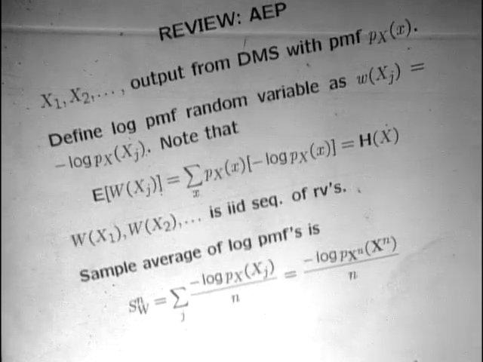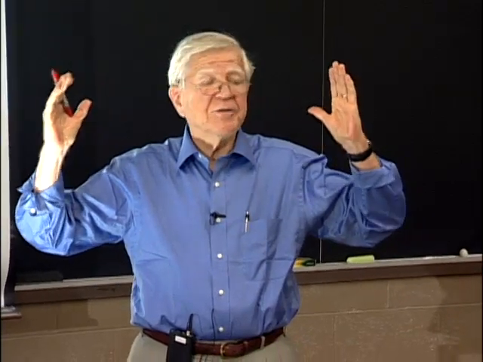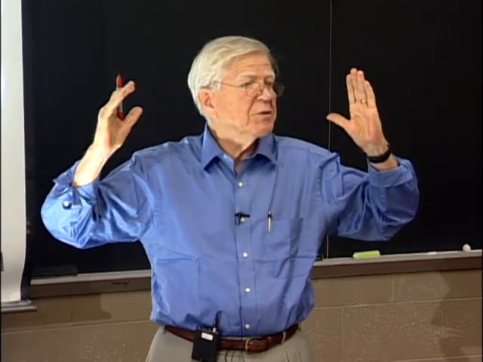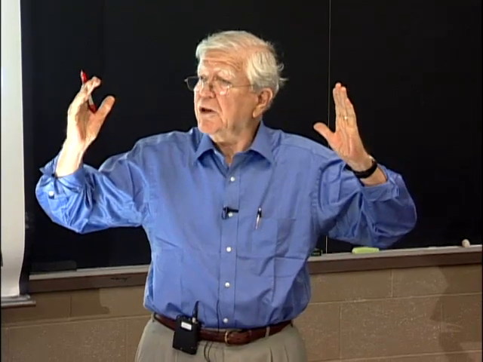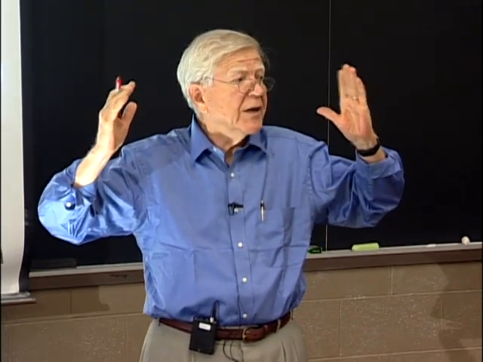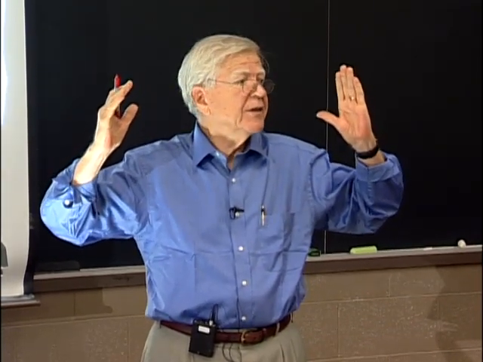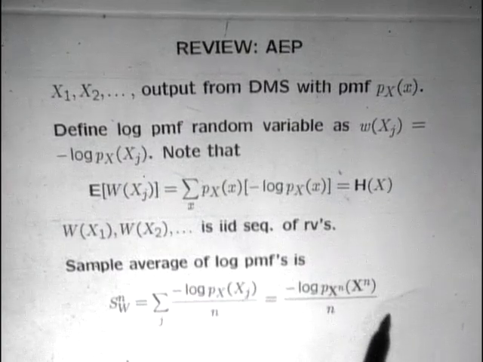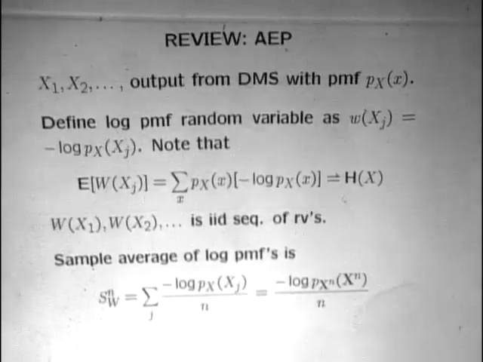In other words, you look at this whole sequence as a big, giant chance variable which has M to the n different possible values, namely every possible sequence of length n. When you're talking about source coding, you have to find a code word for each of those M to the n different sequences. So what we're doing here is trying to look at the probability of each of those M to the n sequences. We can then use Huffman coding or whatever we choose to use to try to encode those things.